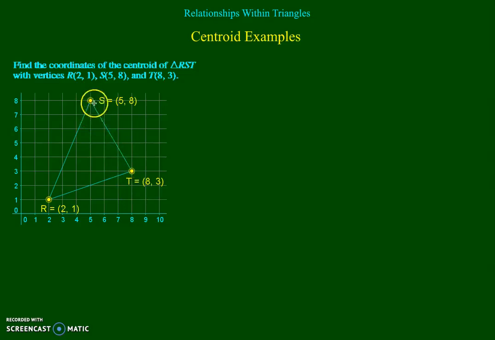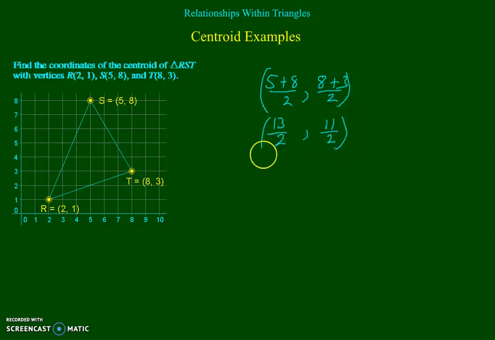First, let's find the midpoint of ST. 5 plus 8 over 2 and 8 plus 3 over 2, which is 13 halves and 11 halves, which comes out to 6.5 and 5.5.